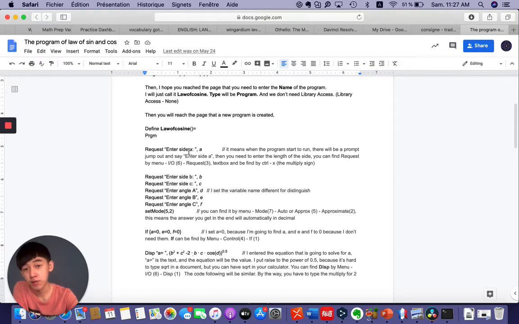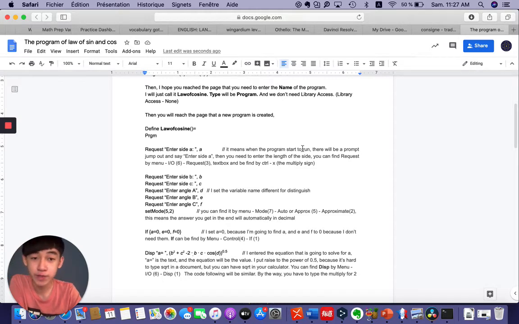Here is what you need to enter. First, you need to enter request, enter side A, and you need to be careful of the punctuation, like these. Actually, the space doesn't matter, but I put it to be more clear.